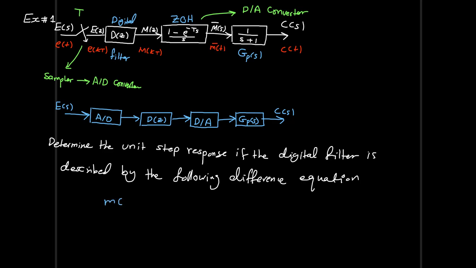M of KT is given as 2E of KT minus E of (k minus 1)T.